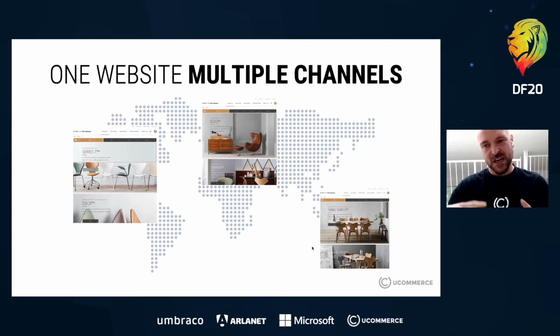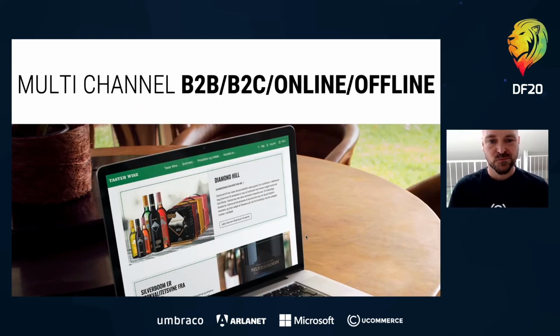So rather than duplicating content, you can say, we have one identity, as you can see here, one website within Umbraco that is powered by multiple stores within Ucommerce, each providing a different set of products, pricing, shipping rules, and order management capabilities.